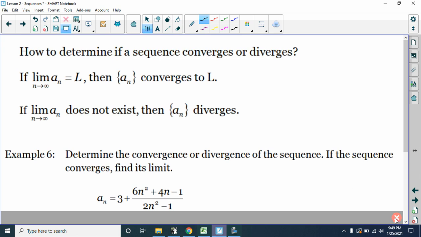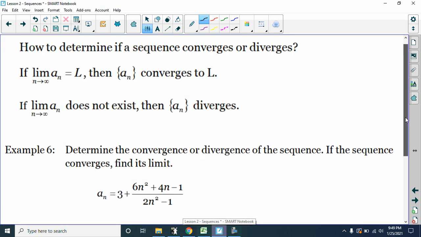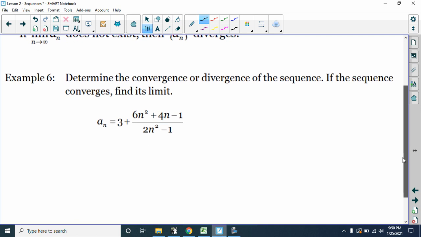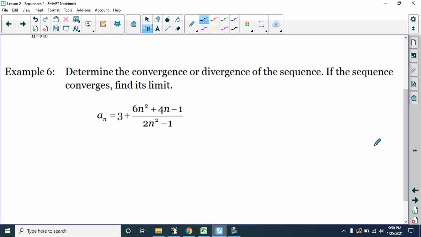So like this one here asks us to determine the convergence or divergence of the sequence. If the sequence converges, state what it converges to. So we would evaluate the limit as n approaches infinity of (3 + 6n squared + 4n - 1) over (2n squared - 1).